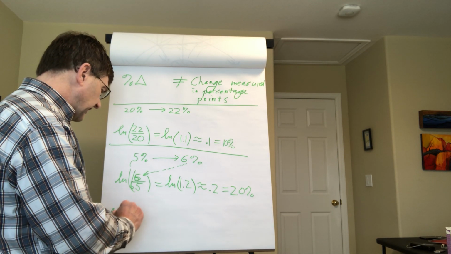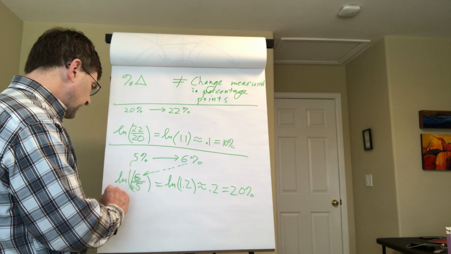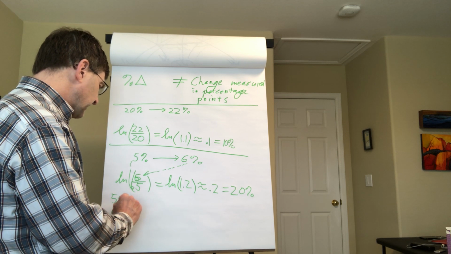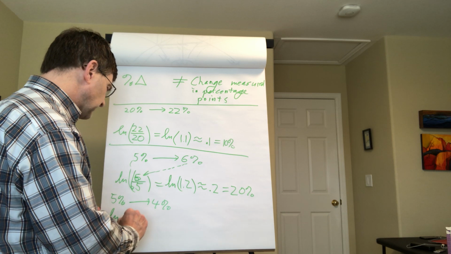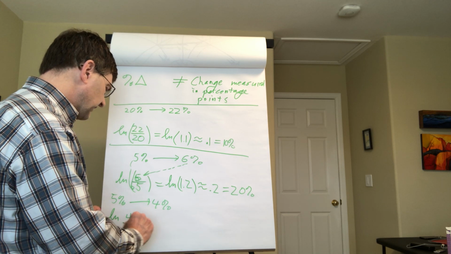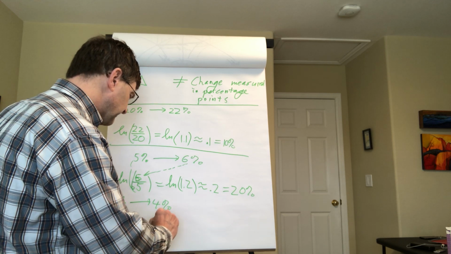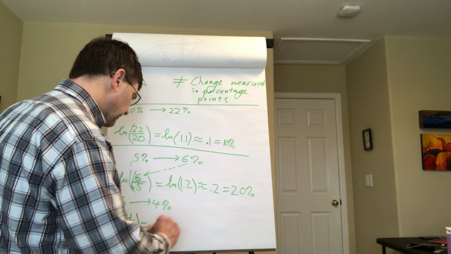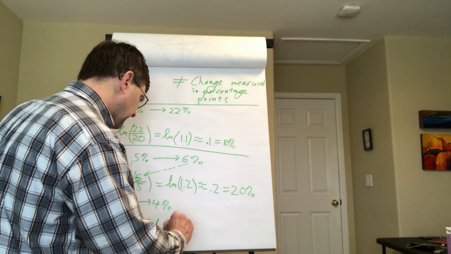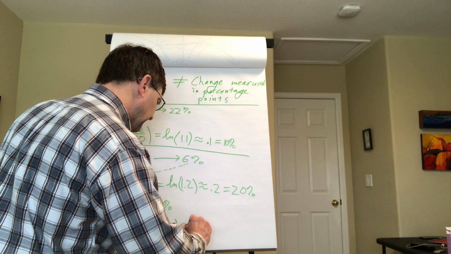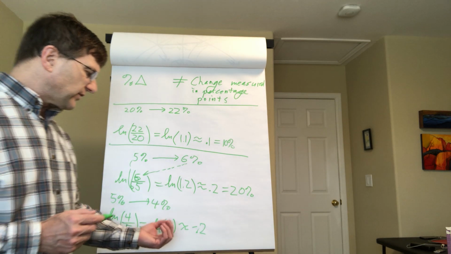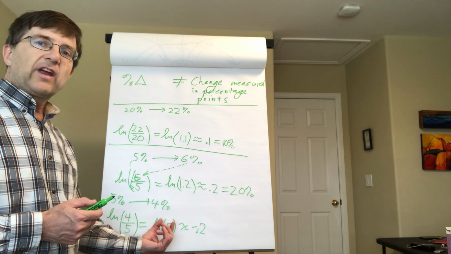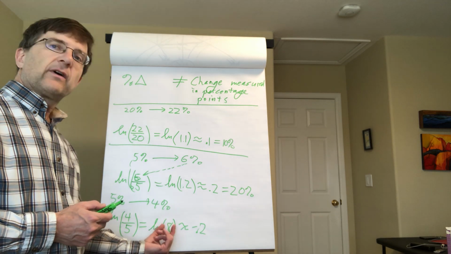Let's go the opposite direction. Suppose we go from 5% to 4%. What do we get? We take the log of 4/5. Log of 4/5 is log of 0.8, and that's approximately equal to minus 0.2. So basically, you're just looking at the percentage change of this ratio from 1.